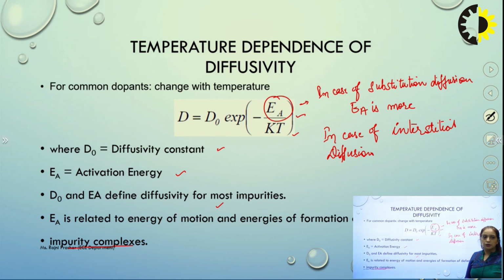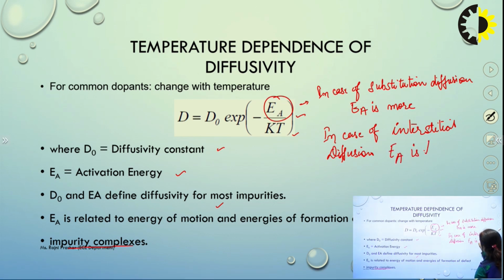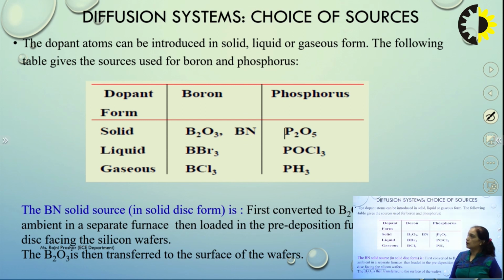Interstitial space is much more in a crystal, so it doesn't need much activation energy. So the value of EA is less in interstitial diffusion as compared to substitutional diffusion.